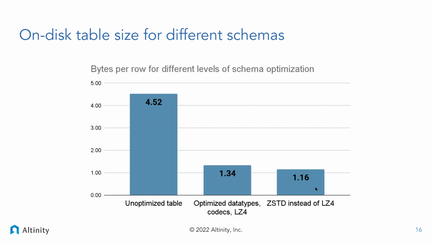That's ZSTD compression. That gives us the smallest amount of data, but ZSTD is a little bit more expensive. So in fact, what I ended up doing was I went with optimized data types and codecs, but I used LZ4 compression. And what I get here is 1.34 bytes per row, which is really great because it means that this sample data set will fit on a single VM.